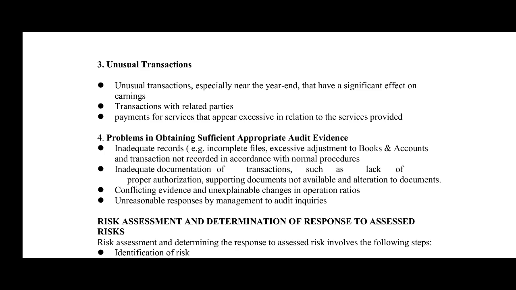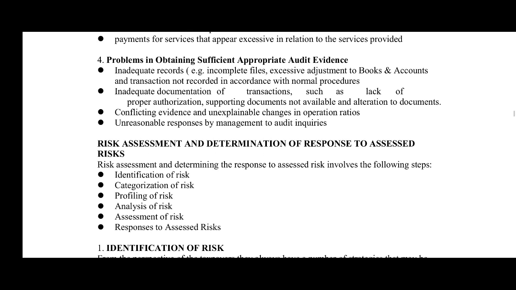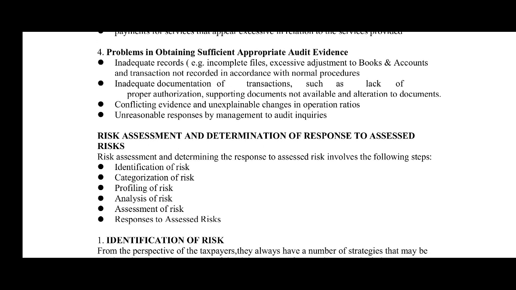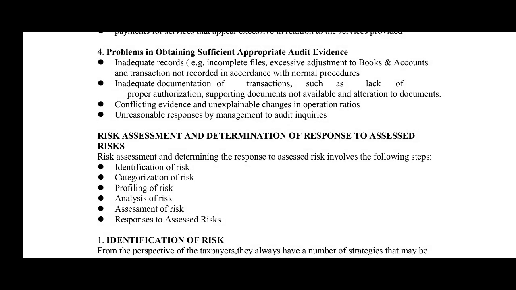Now, problems in obtaining sufficient appropriate audit evidence can also be one thing that can lead to fraud and error, or that have a take on fraud and error. So sometimes inaccurate or inadequate records, like incomplete files, excessive adjustment to books and accounts, and transactions that have not been recorded in the normal procedures.